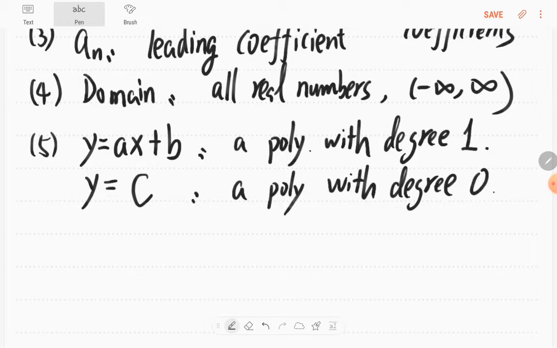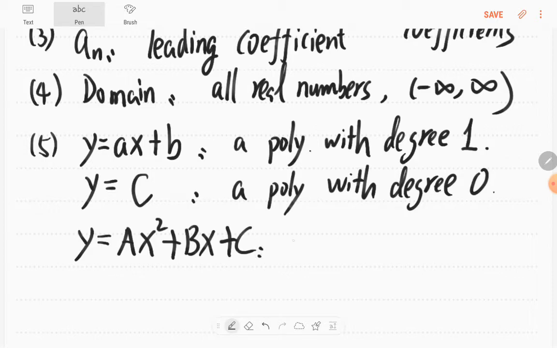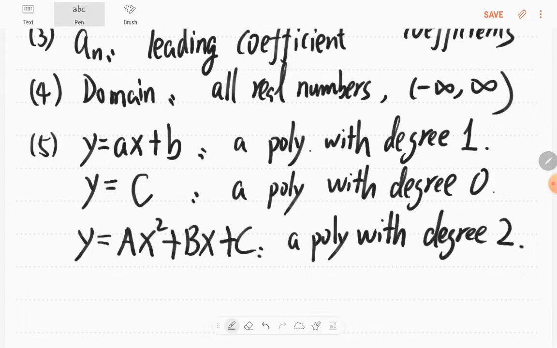Right? We also have learned a quadratic function, which is ax squared plus bx plus c. So this is a polynomial with degree 2. Okay, so these are the special polynomials we have learned. So now today we want to learn some general polynomials, the information for the general polynomials.